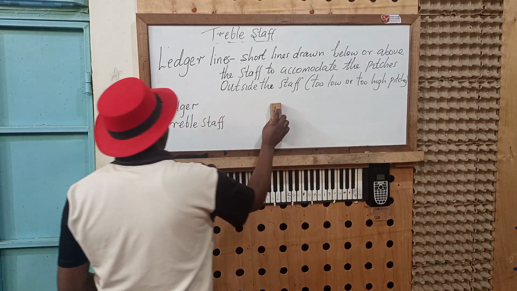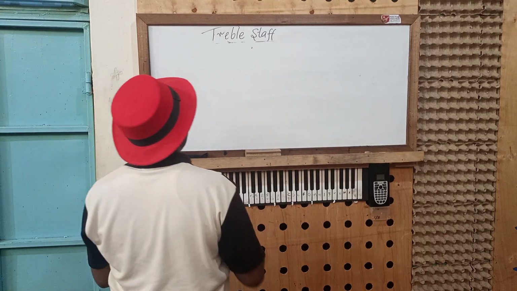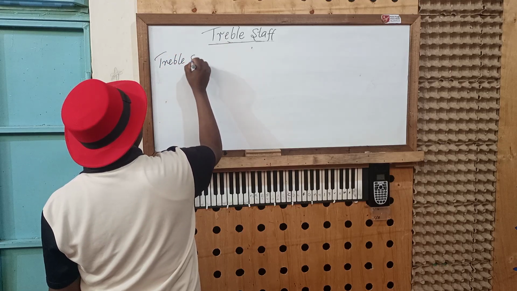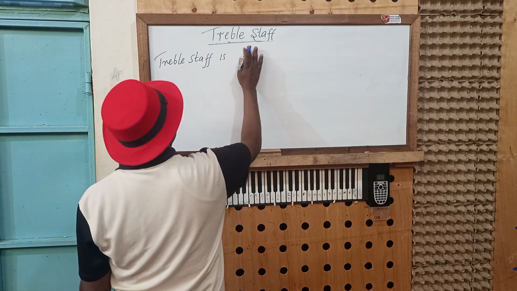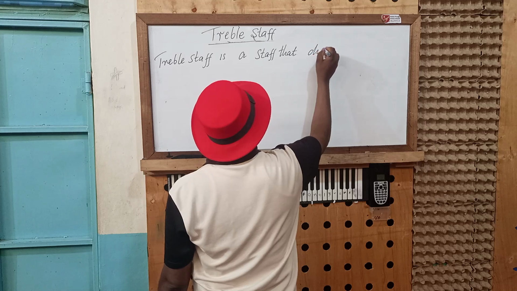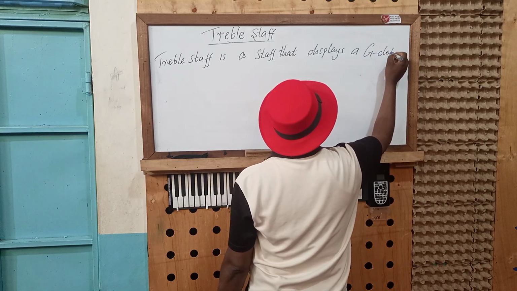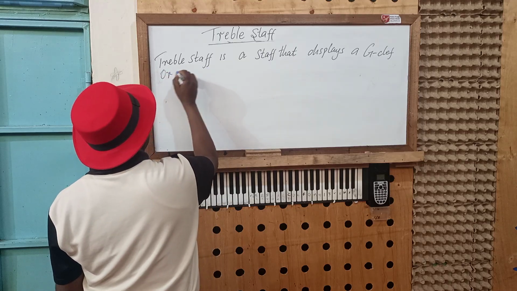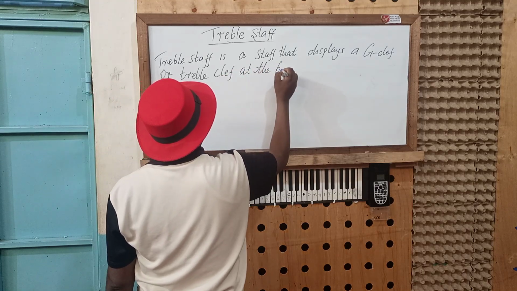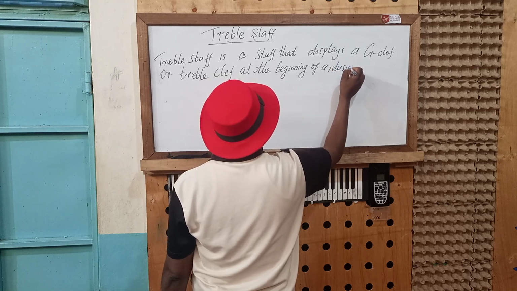Now, the last thing is a treble staff. Treble staff is a staff that displays a G clef or treble clef at the beginning of a music composition.